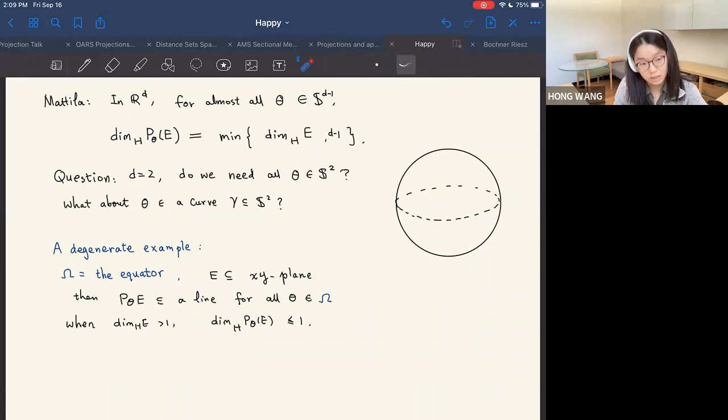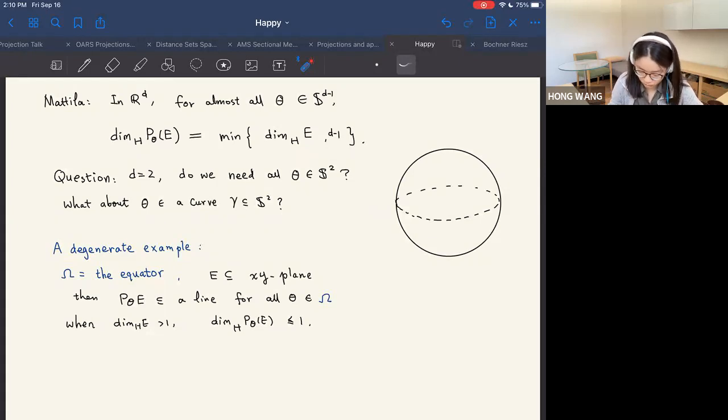So Mattila generalized Marstrand's theorem to higher dimensions. He showed that in Rd, for almost all unit vectors theta, the projection image has dimension equal to the minimum of the dimension of E and d minus 1.